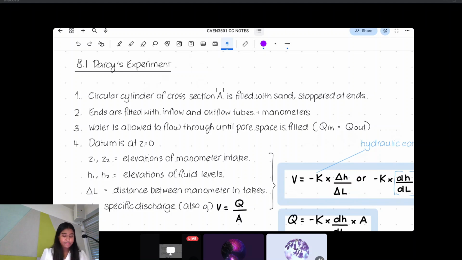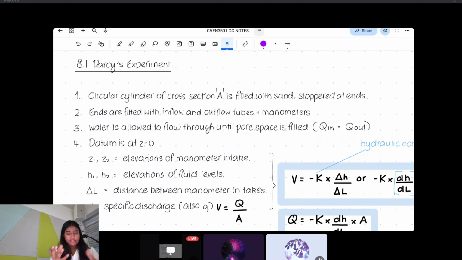Darcy's experiment is a way to get quantitative data on how water flows through a porous medium.